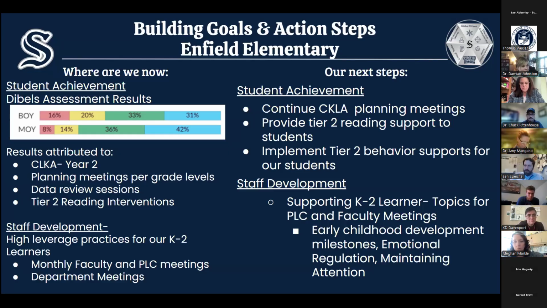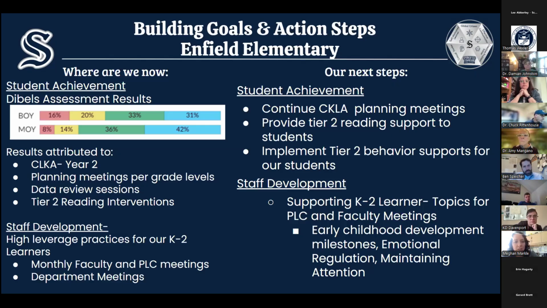We really attribute that to year two implementation of CKLA. We're continuing with our weekly planning meetings with our teachers, making sure they understand instruction and talking through problems of practice together. We're reviewing student progress and assessments and helping to make decisions on how to continue to meet the needs of the students.